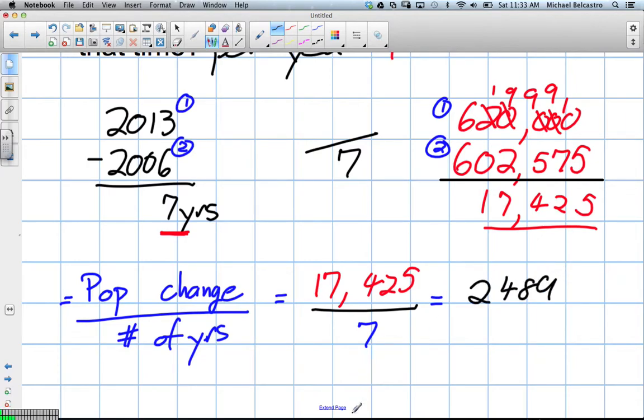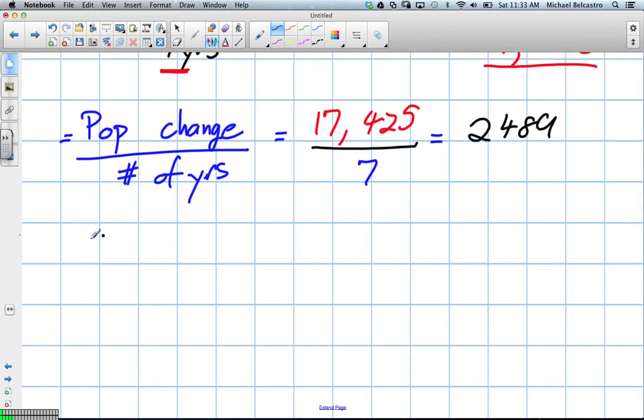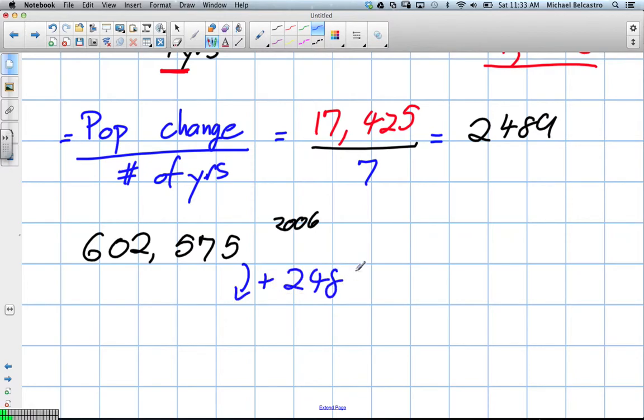So if our original population was 602,575 in 2006, that means that we should be able to add 2,489, the number we got, to get 2007's population.